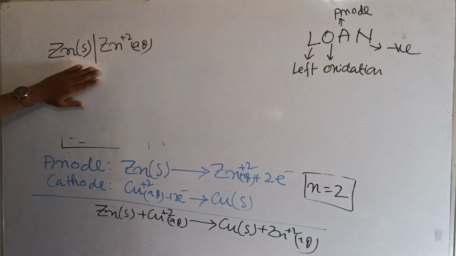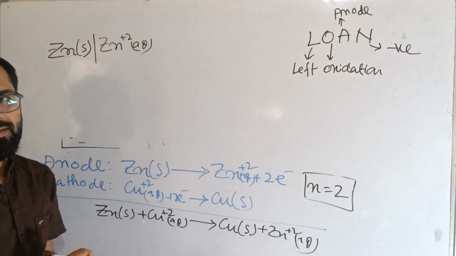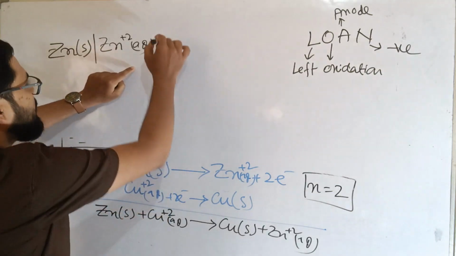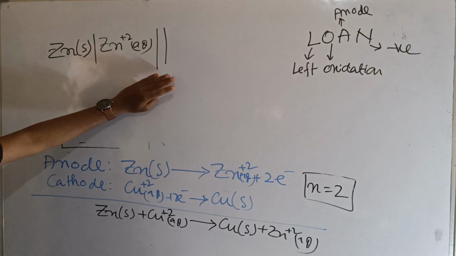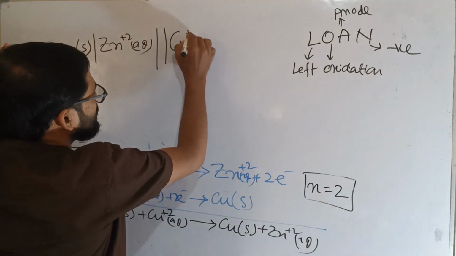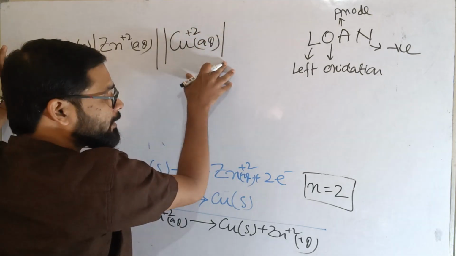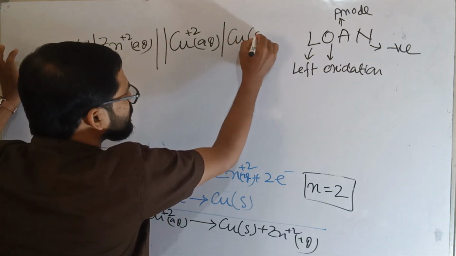This single line indicates the phase change, so here solid to aqueous. Here the double line indicates the salt bridge. And again Cu+2 aqueous, single line for phase change, Cu solid.